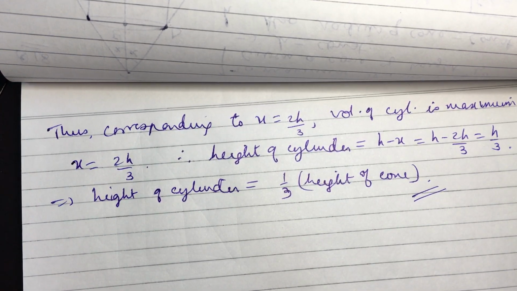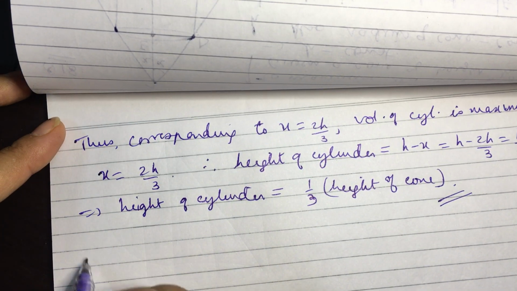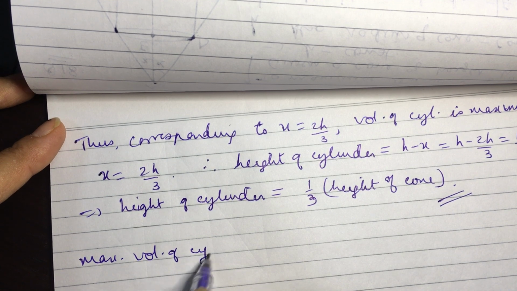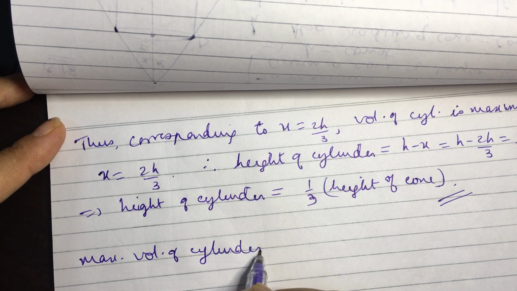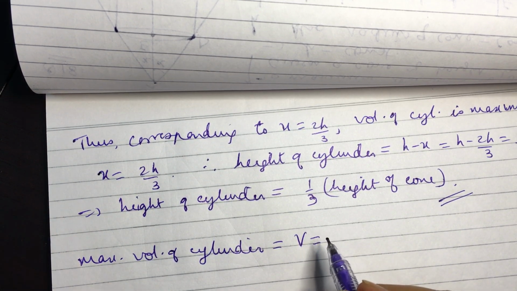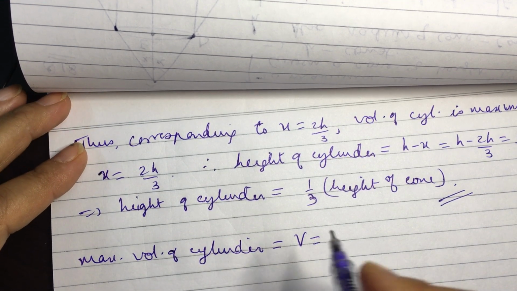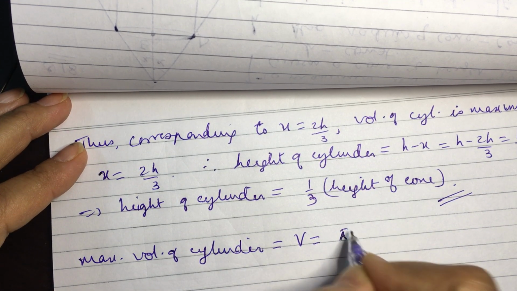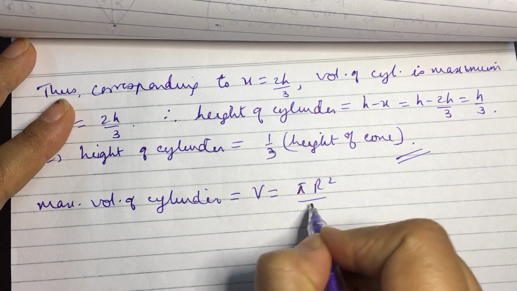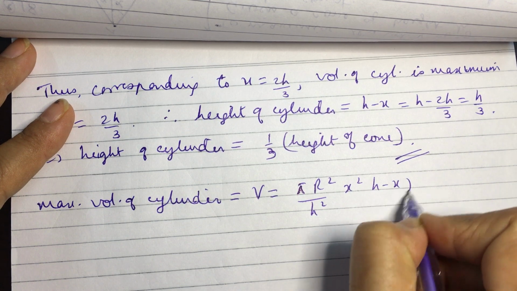Now, the second part is we have to find the greatest volume or the maximum volume. Now, maximum volume of cylinder is equal to, V is equal to pi r square over h square into x square into h minus x.